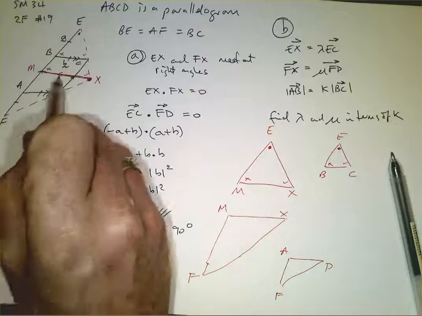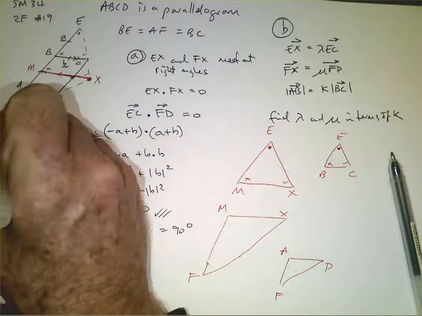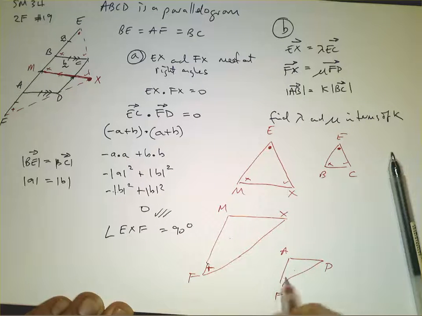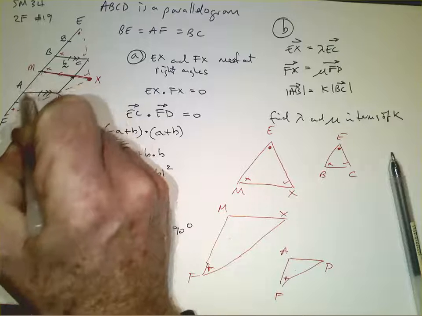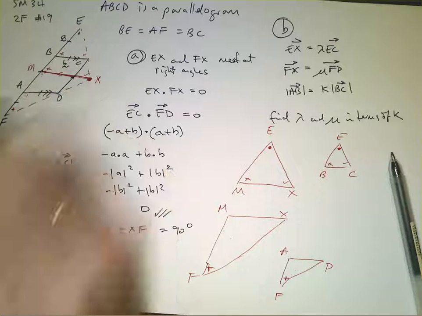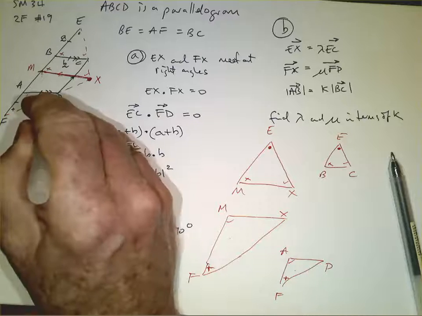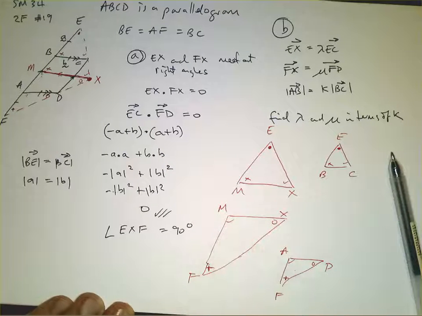And since this is parallel to this, this triangle is also similar, because if I call that angle, that's that angle there and that angle there. These two angles are the same size, therefore that angle and that angle is the same. And this angle here and this angle here is both the same. Therefore these two triangles are similar triangles as well.